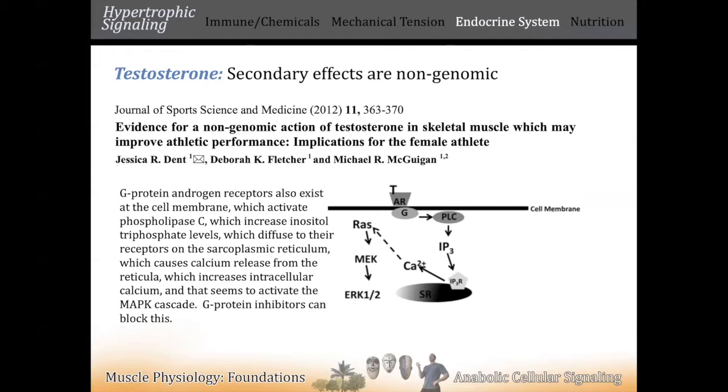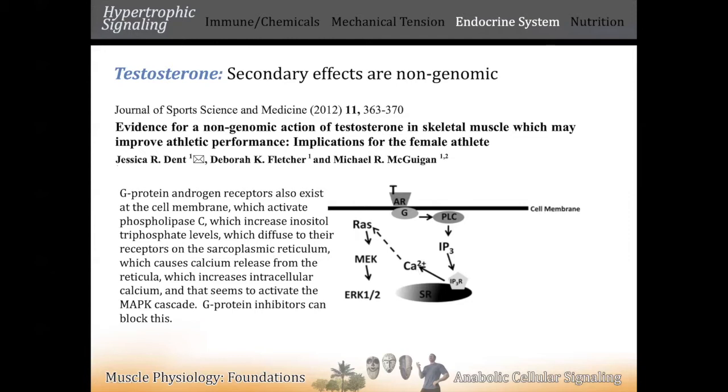Inositol triphosphate levels down here are going to bind to a receptor on the sarcoplasmic reticulum. What's stored in the sarcoplasmic reticula, plural? Calcium, right? So this is a little signaling cascade to release calcium inside of the cell.